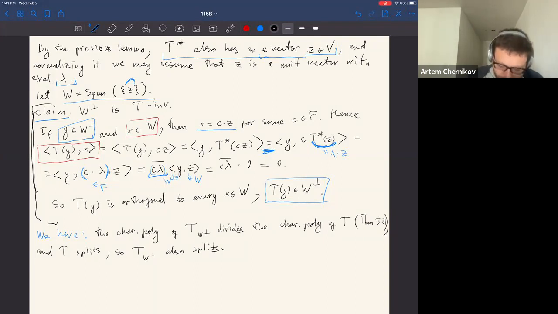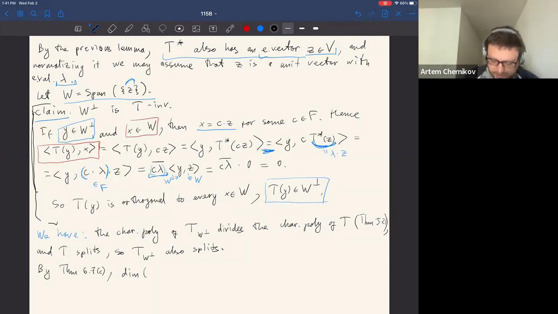We also know by theorem 6.7c, so look it up, a theorem which tells us how the dimension of W perp is connected to the dimension of W itself and the dimension of the whole space.